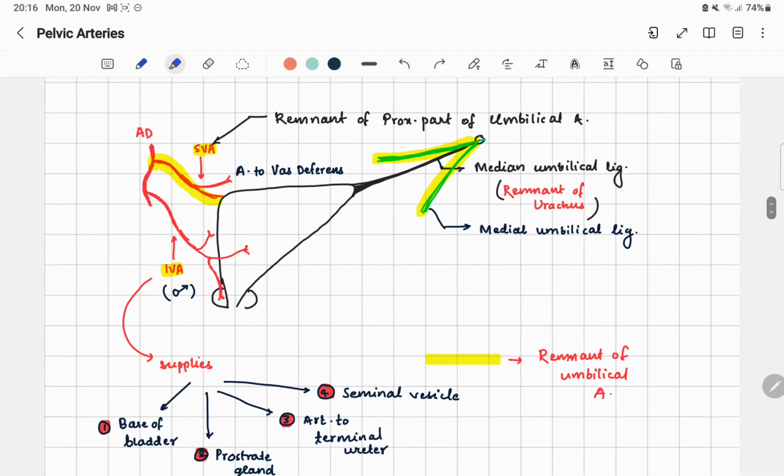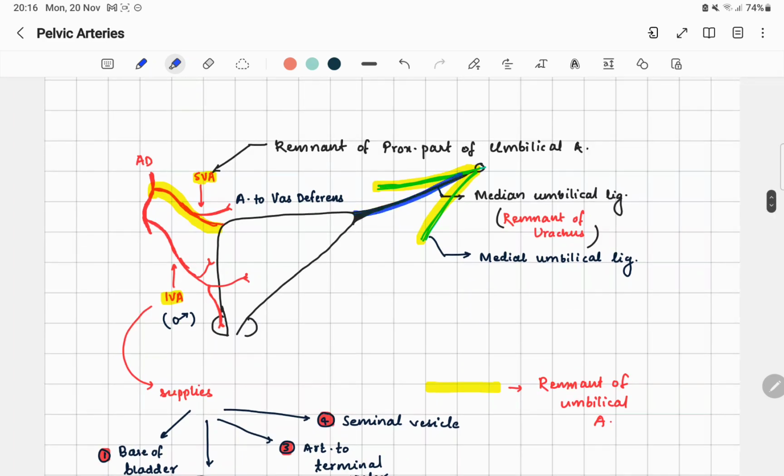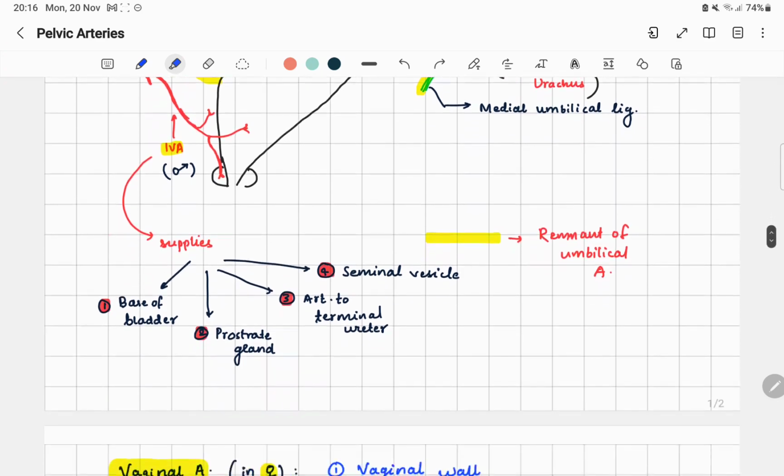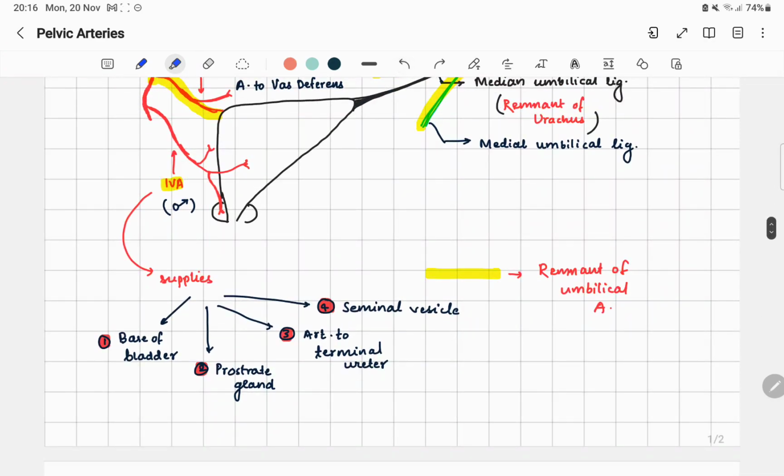We talked about the prostate gland a few minutes before. And we have the medial umbilical ligaments, you know about all this. The inferior vesicular artery in males supplies the base of the bladder, the prostate gland, the terminal ureter and the seminal vesicle.